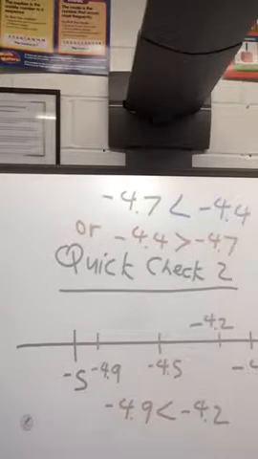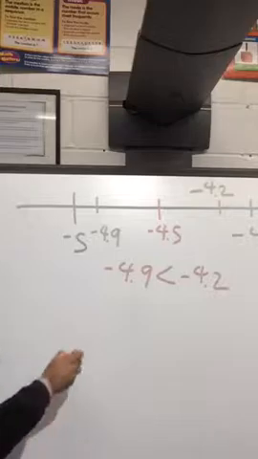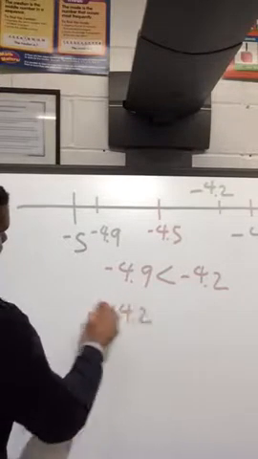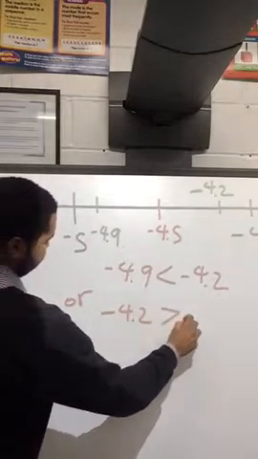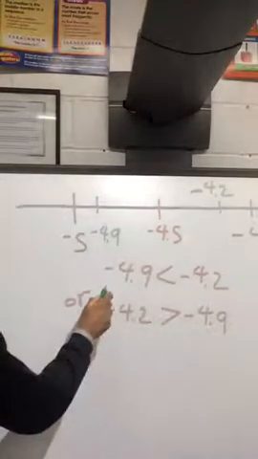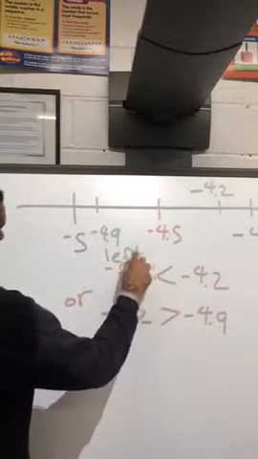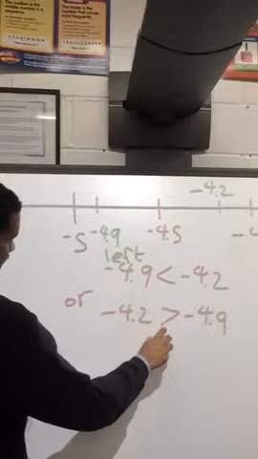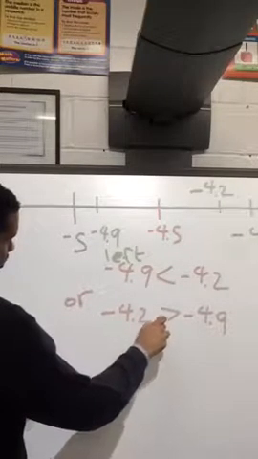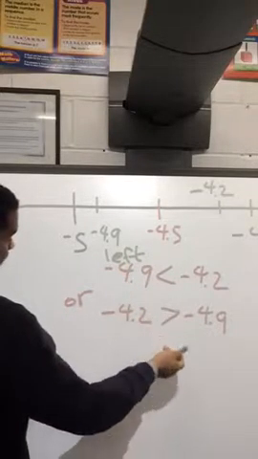Or equivalently, you can have negative 4.2 is greater than negative 4.9. So don't forget, less means what? Left. Less means left, and left means less than, and right means greater than.